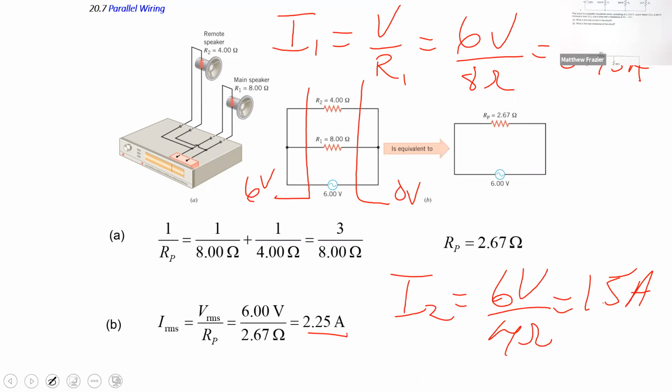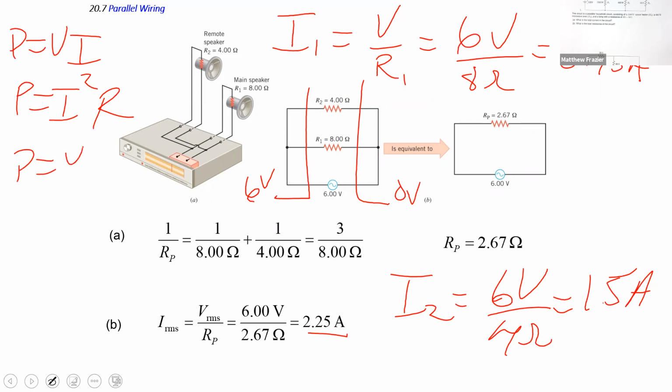All right. So the last thing we need to do is calculate the power across each resistor. And now we have voltage, resistance, and current, so we can do anything. We can do power is voltage times current, or power is current squared times resistance, or power is voltage squared over resistance. Those are all the power law forms.